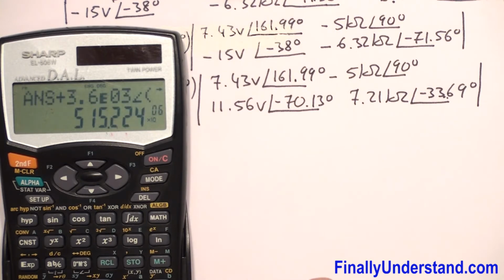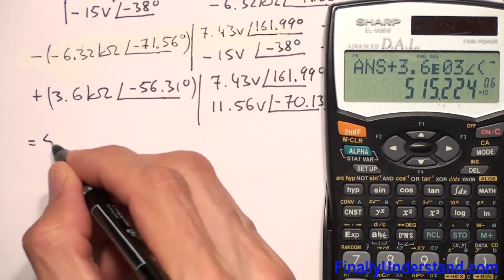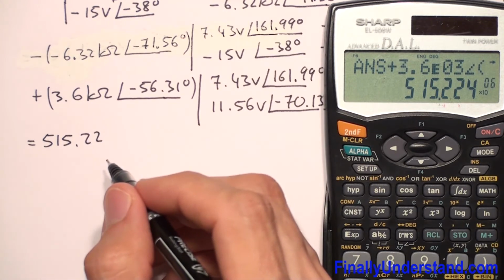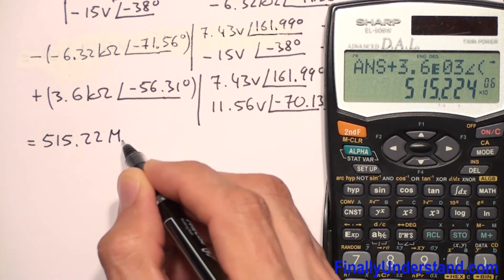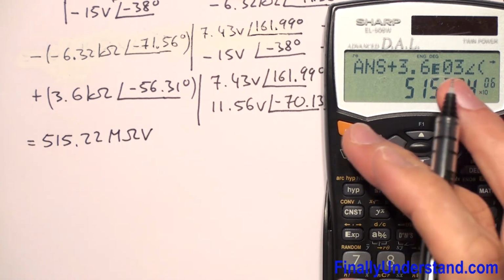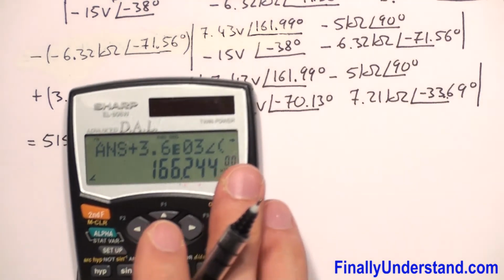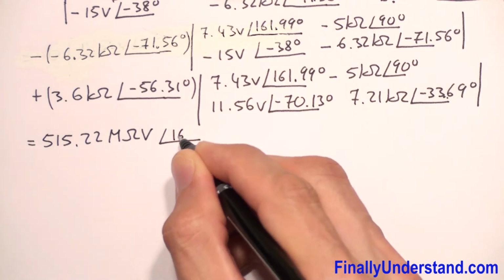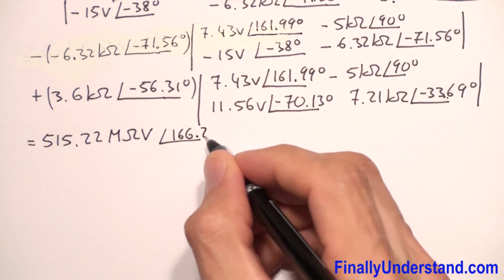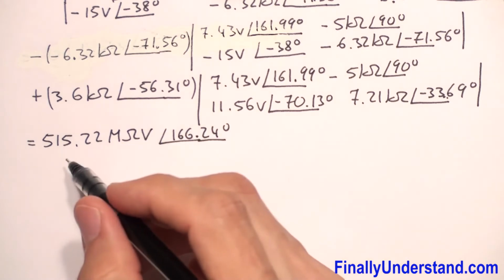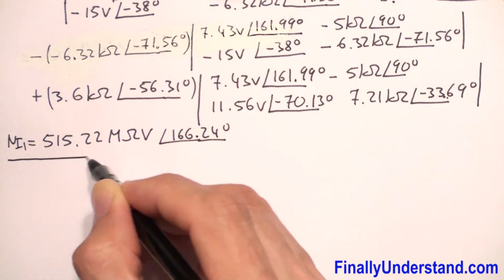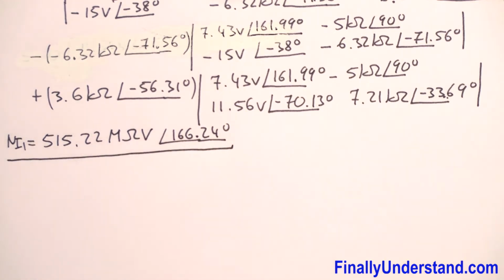This is equal 515.22, and I have mega ohm volt and angle of 166.24 degrees. So this is my NI1. Okay. Next, I'm supposed to find NI2.